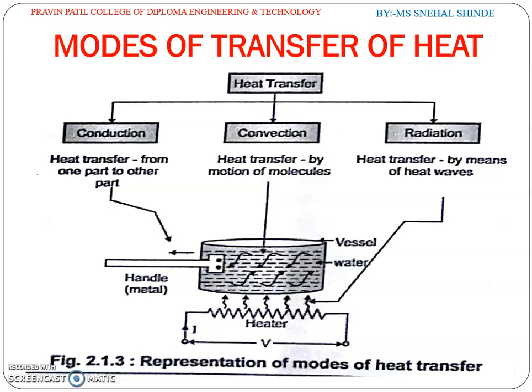Convection. In this mode, heat transfer takes place by actual motion of the molecules of the substance, and it mostly takes place in liquids. Example, an immersion water heater. When the heater is immersed in the water, a continuous flow of water is initiated in the vicinity of the water heater rods.